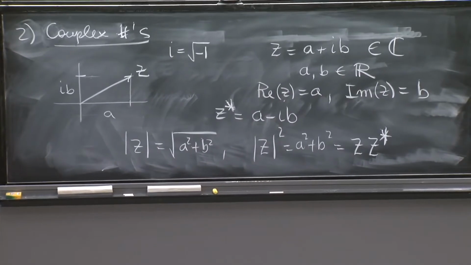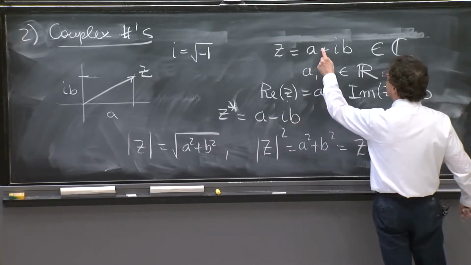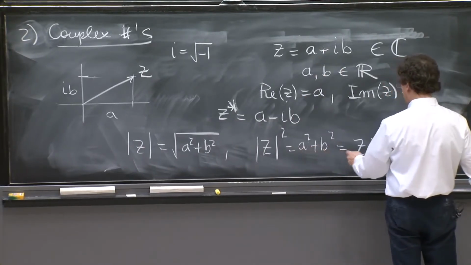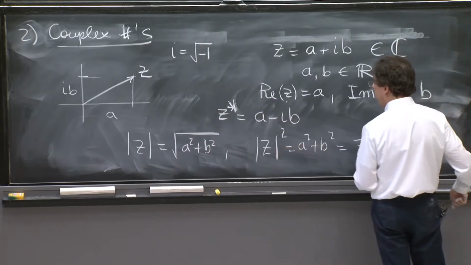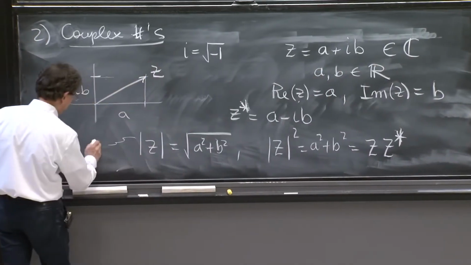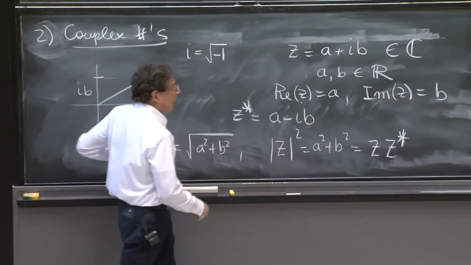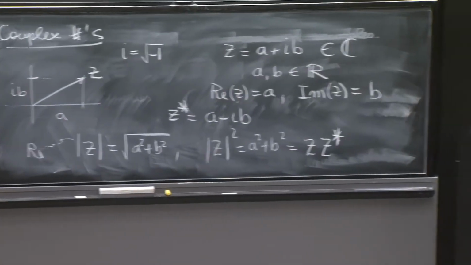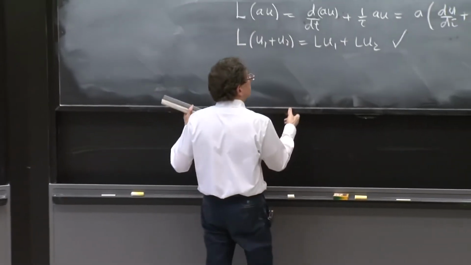If you multiply z times z star, you get a squared plus b squared. So the norm of this thing is a real number. And that's pretty important.